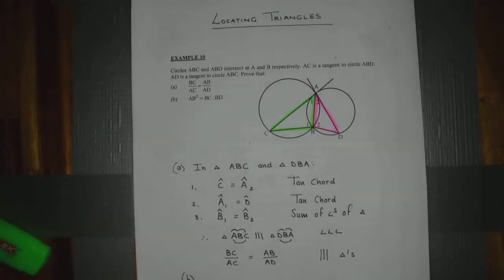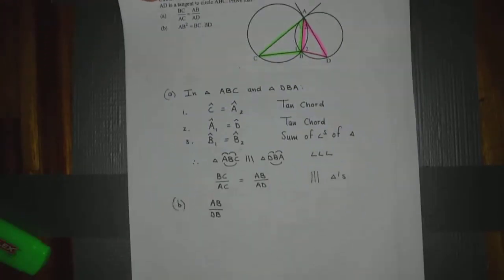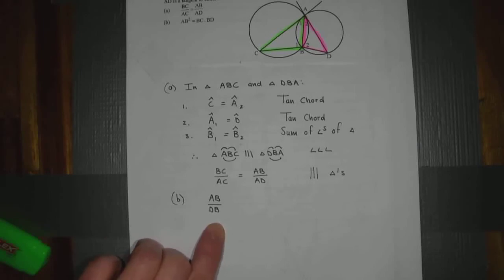So do we really need two brand new triangles? No, it's already in there. All of the sides I need are already there. So you can start by saying AB over DB. Okay, and by the way, DB or BD really doesn't matter.